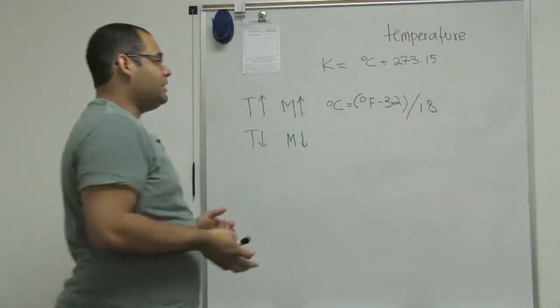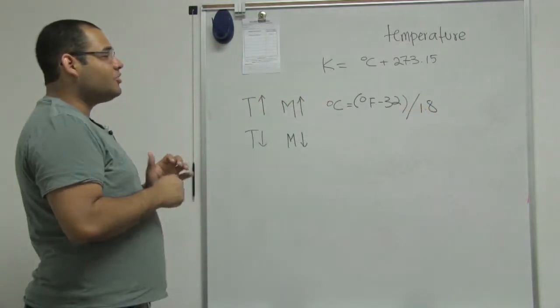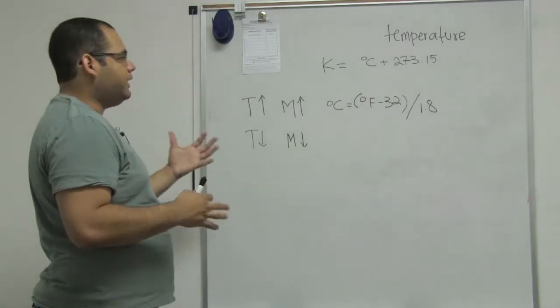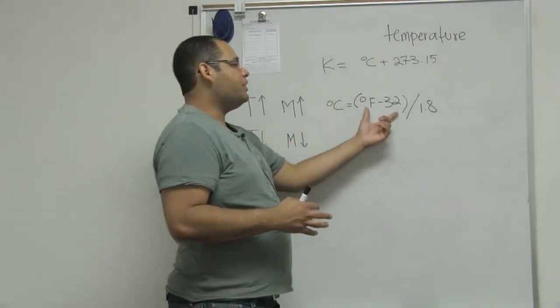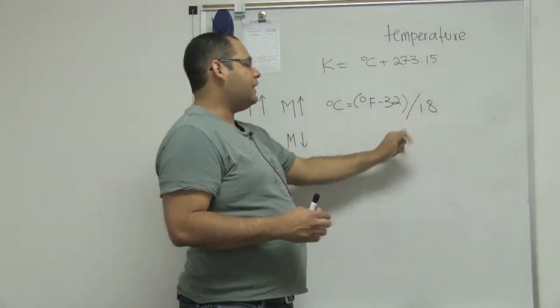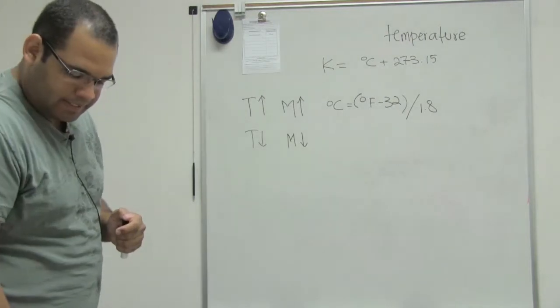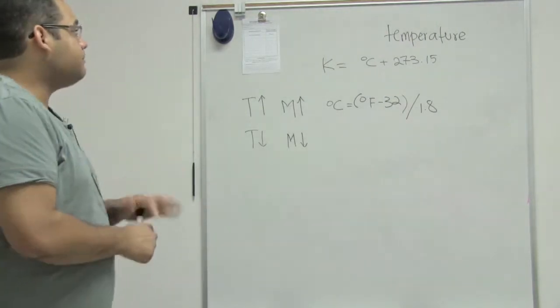If I don't have the parenthesis there, I won't get the right answer. So just for practice, start putting the parenthesis here. Or you can do this minus this and then divide it. So let's work with some examples.